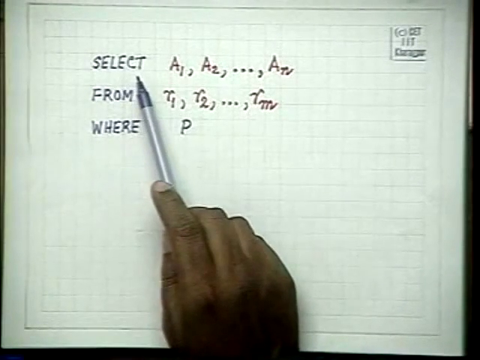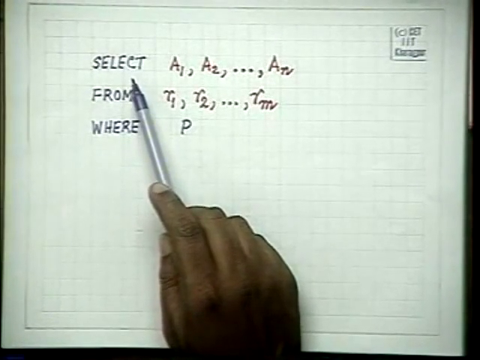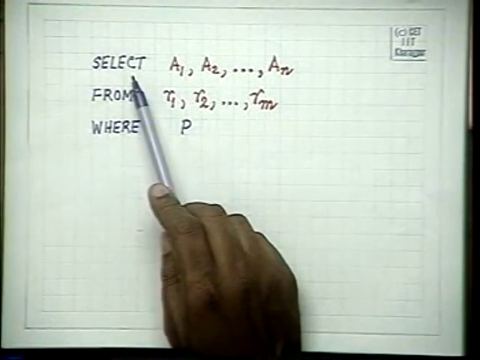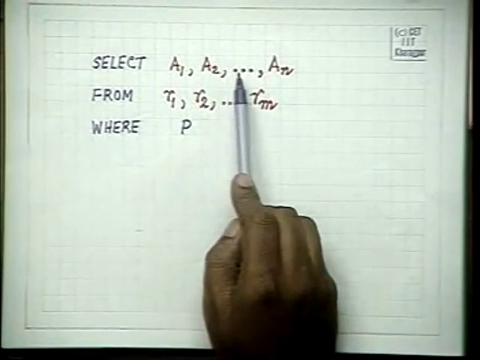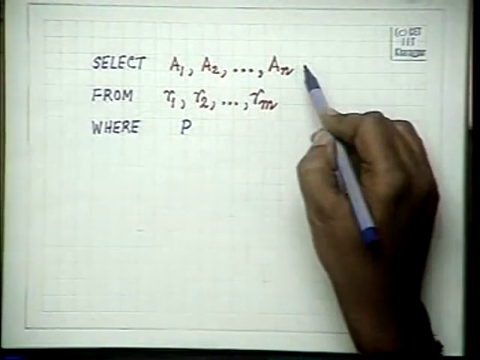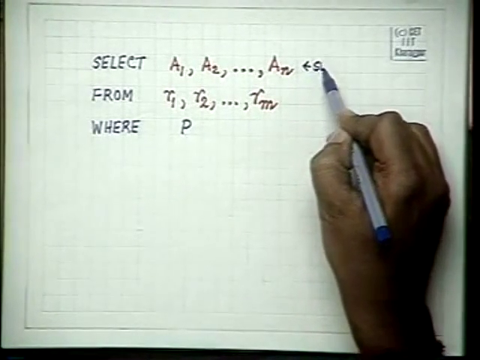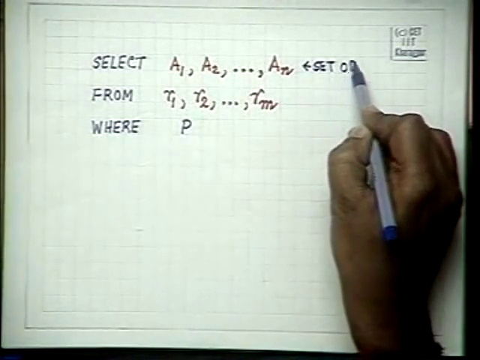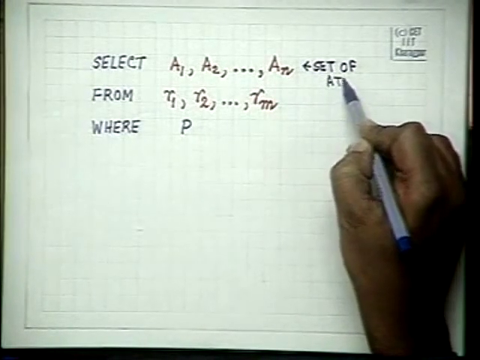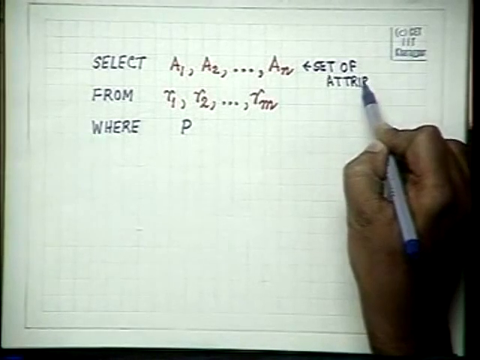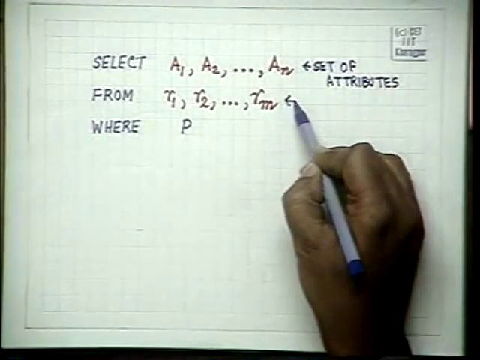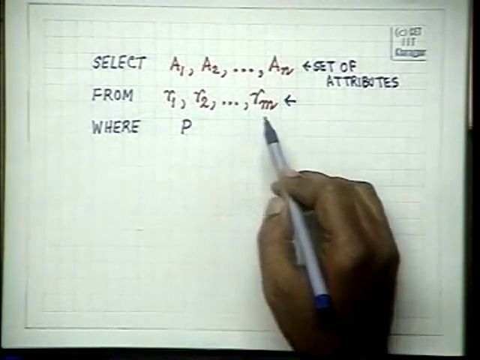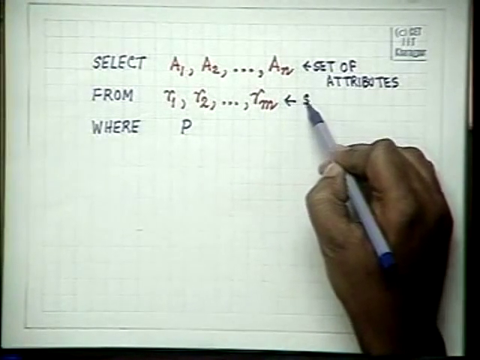Now this select is different from the normal select operation of relational algebra, so I will explain what this select, from and where mean. A1, A2 and AN are a set of attributes. R1, R2, Rm are a set of relations.